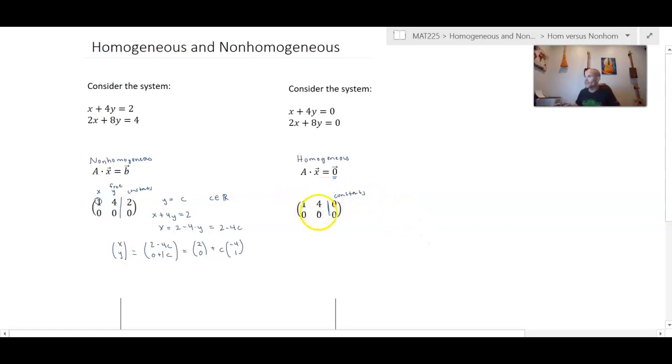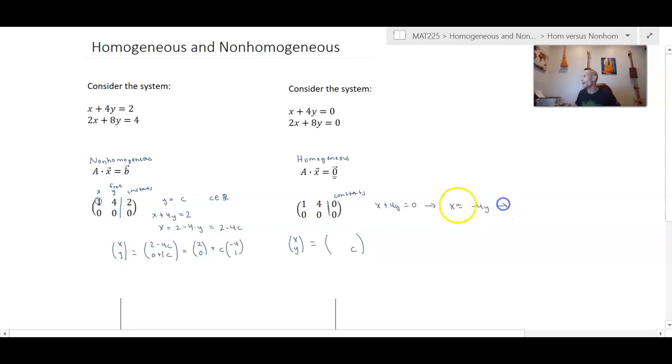So the exact same process takes place, and in this case, we would get x, y is equal to, well, for y, we're choosing an arbitrary constant. And here, since x plus 4y equals 0, this means that x is equal to negative 4y.